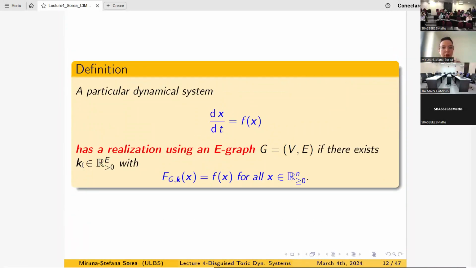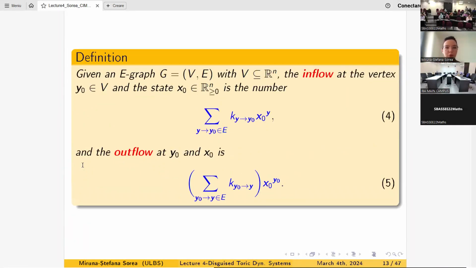Okay, and now this was very important for the next slide. I recall that we saw last week the notion of inflow at a vertex and the outflow at a vertex. For the inflow, you add all the quantities that come via reactions towards your vertex.